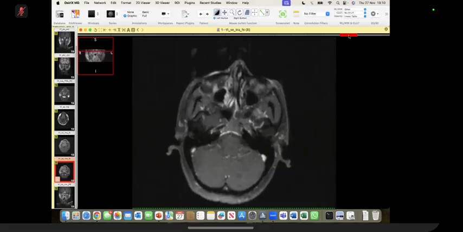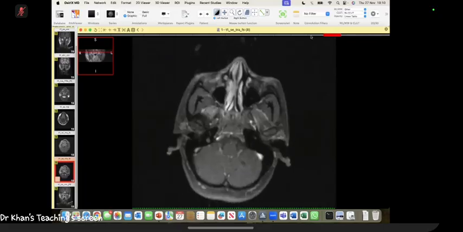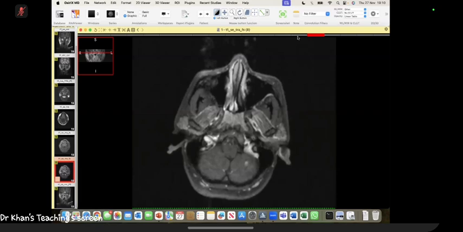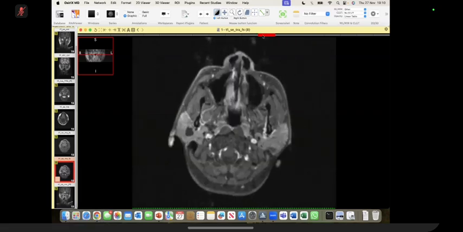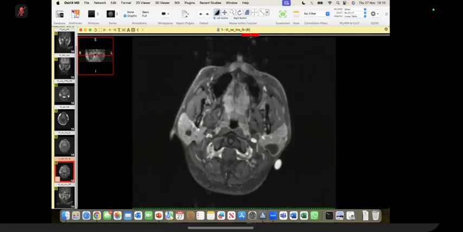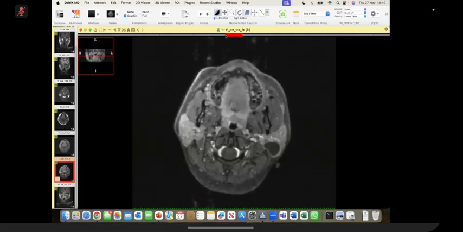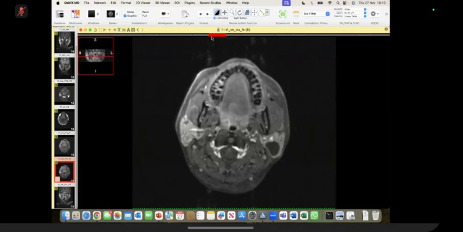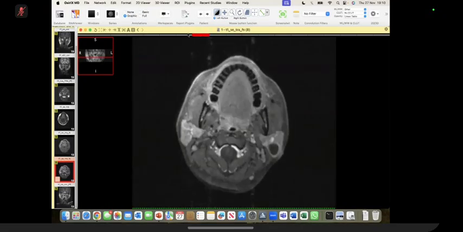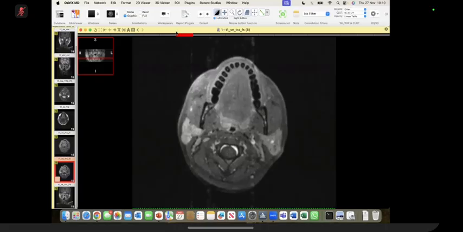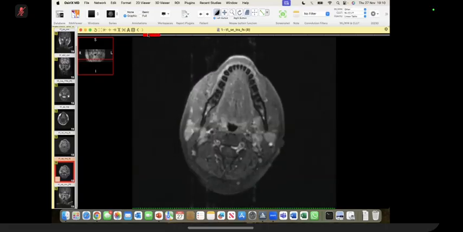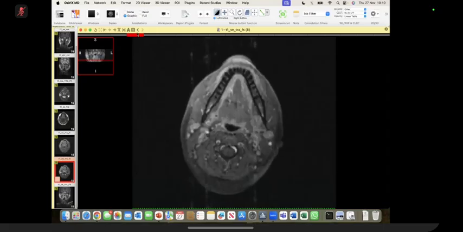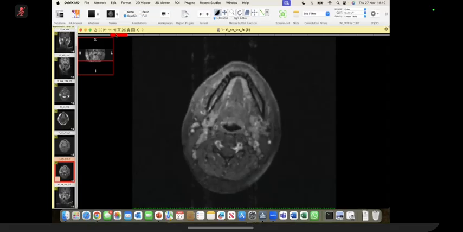I'm also worried about the other glands. So I'm looking for the submandibular gland. So submandibular glands, they are of normal shape, however they are showing subtle contrast enhancement as well.